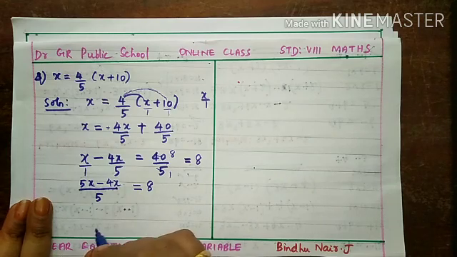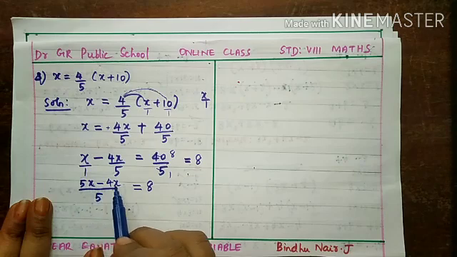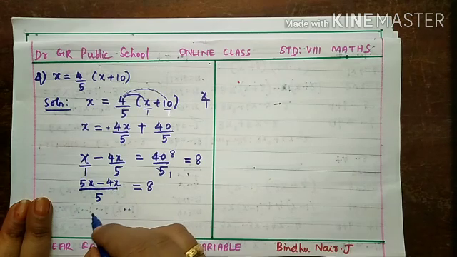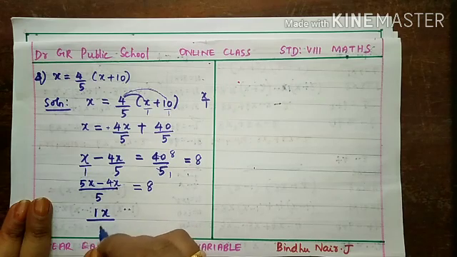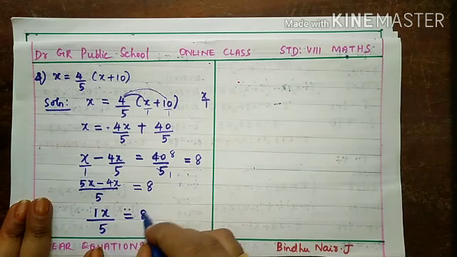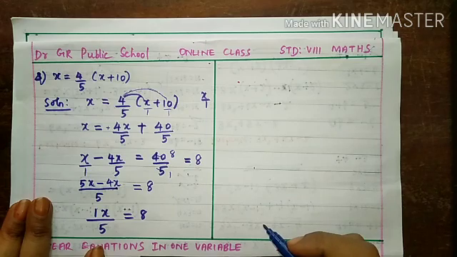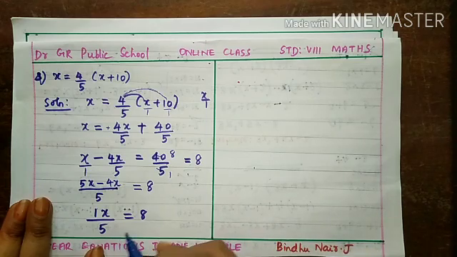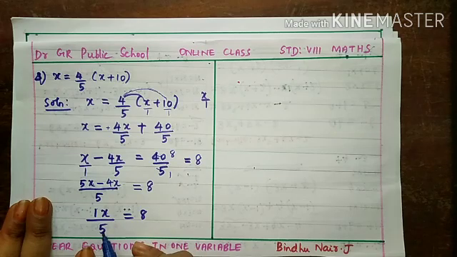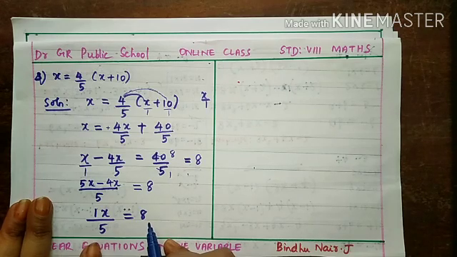Okay children. Now again next step. What is 5x minus 4x? 5 minus 4 is 1. So 1x by 5 equal to 8. Now what you want to do? Yes, because we want to find the value of x, this denominator by 5 is transposed to RHS. So division when transposed, it becomes multiplication.